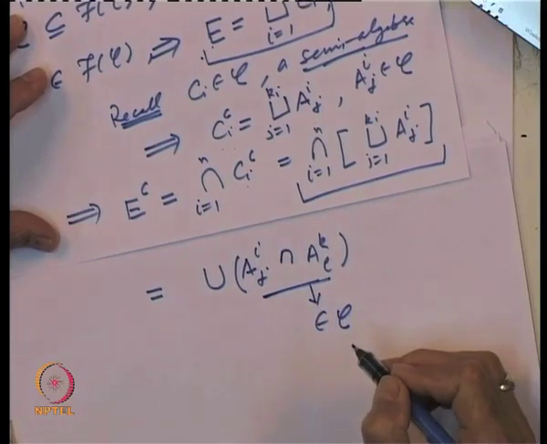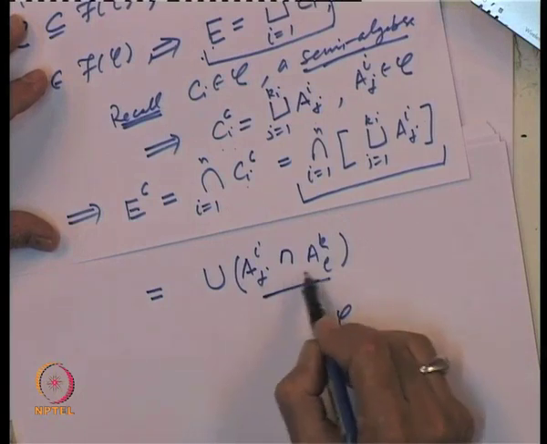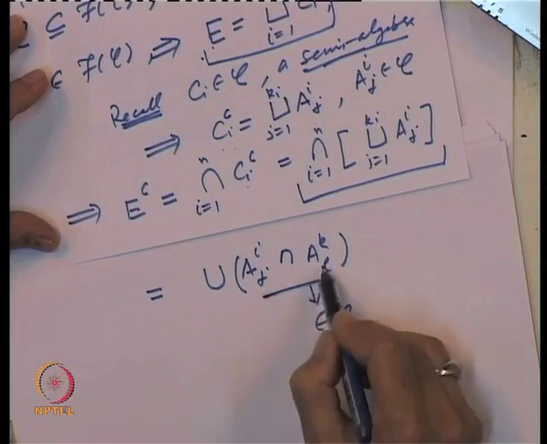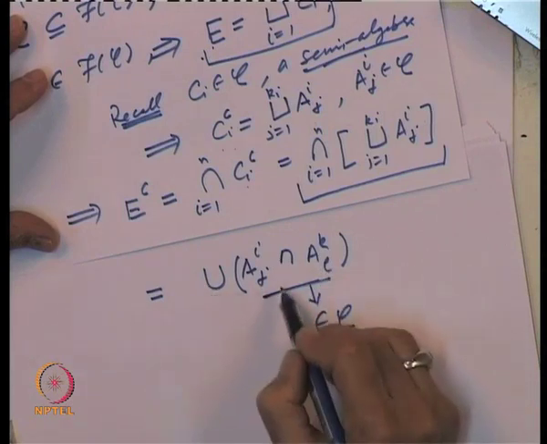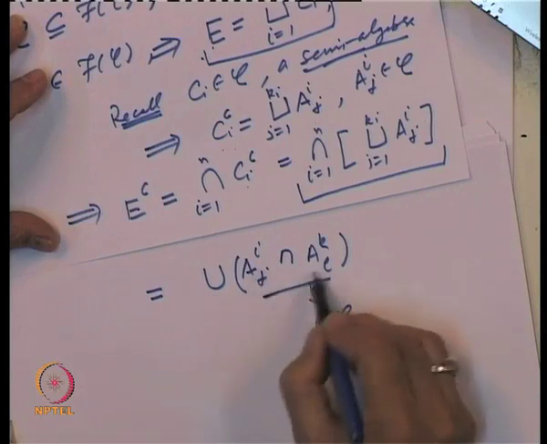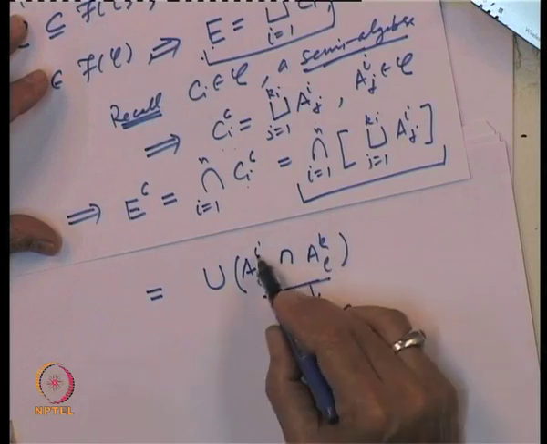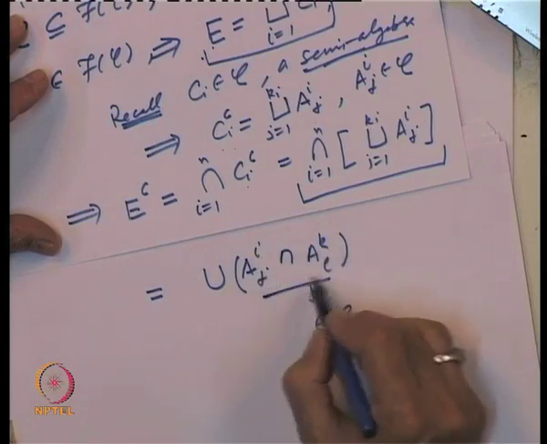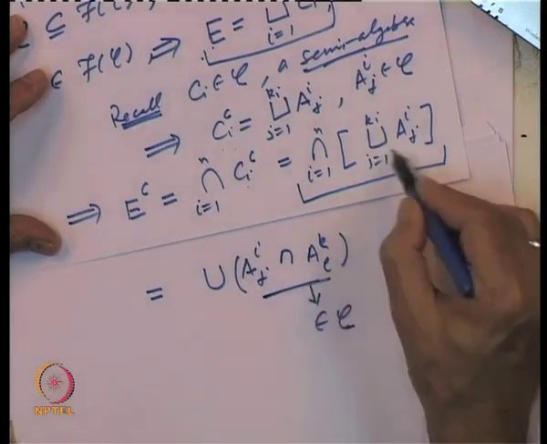And these sets, each one of them, belong to C. Why does it belong to C? Because the collection C is a semi-algebra, and both of them are elements of the semi-algebra. So, this intersection is an element of the semi-algebra, and these sets are pairwise disjoint, because if any one of the indices i, k, j and L differs in the pair, then those sets will be disjoint.